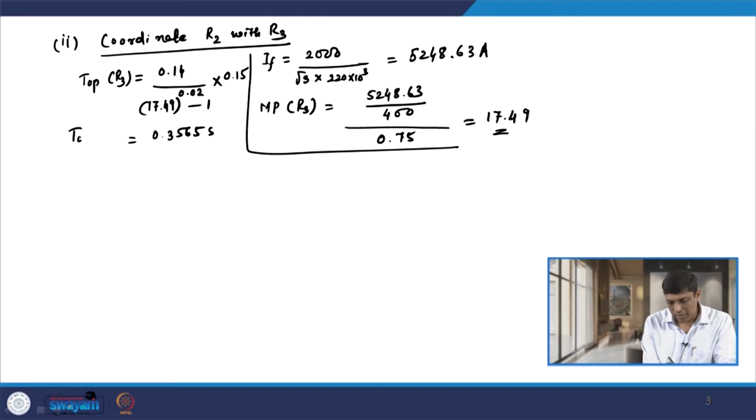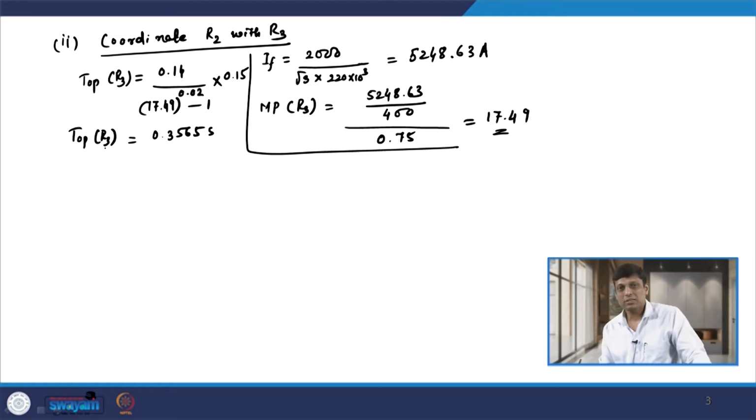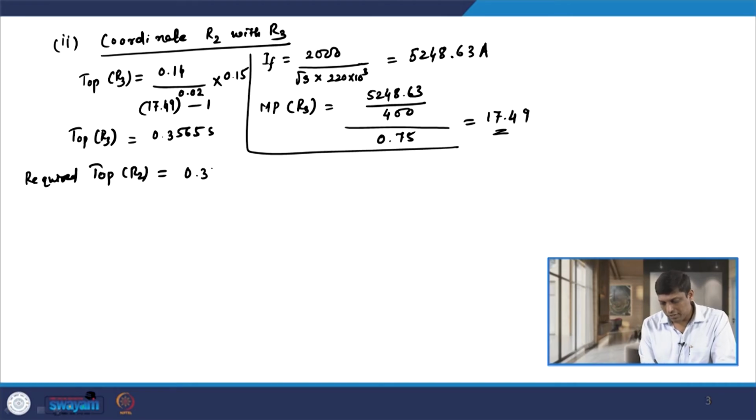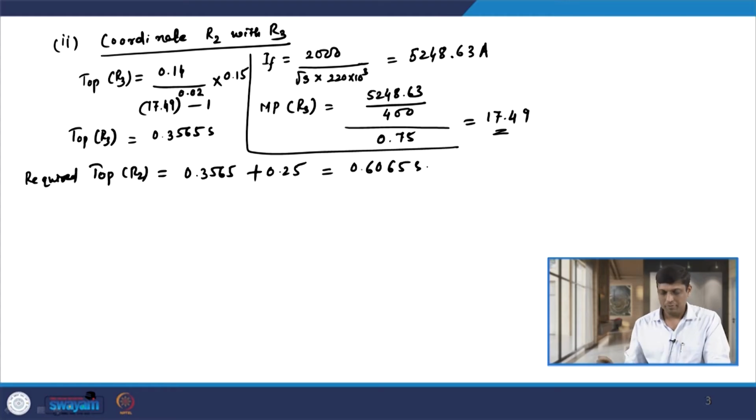This is the time of operation of relay R3 for the fault level given at bus B, that is 2000 MVA. The required time of operation of relay R2 is given by 0.3565 plus the minimum coordination time interval between two successive relays, that is 0.25. If I add this, we have the value 0.6065 second.